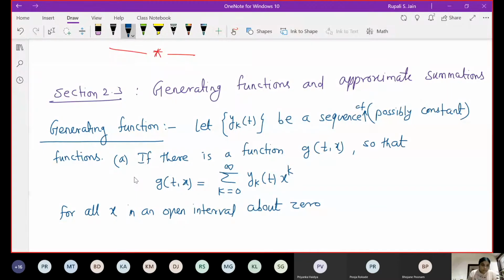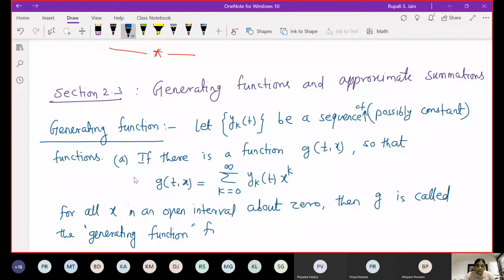The generating function for the sequence y_k(t). Okay, so what is a generating function? Let y_k(t) be a sequence of possibly constant functions. Need not be, but most of the time we will consider these as constant functions.